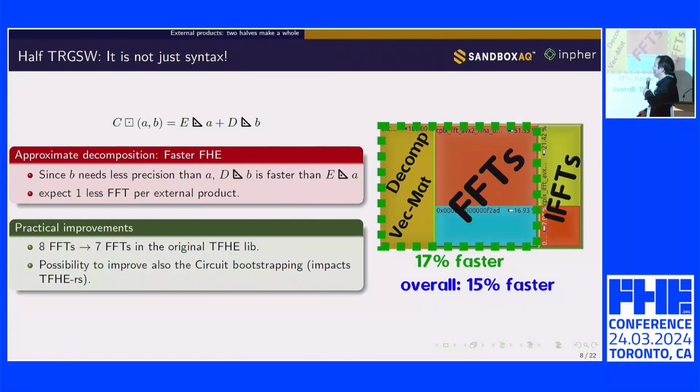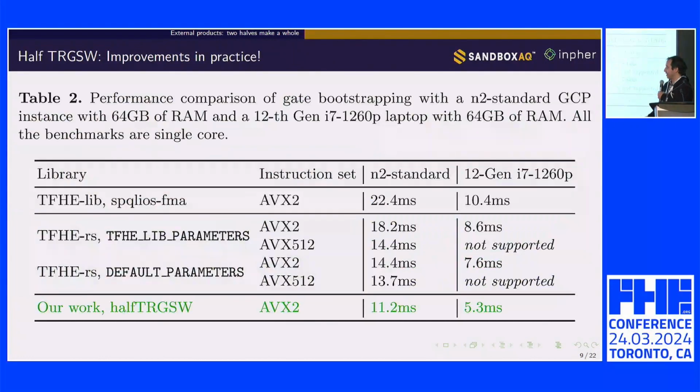And that has a direct impact on the bootstrapping of TFHE. Instead of 8 FFTs per external product, we can reduce it to 7 using exactly the same noise propagation. So yeah, as a result, in FFT, we can expect a speedup of 15%.